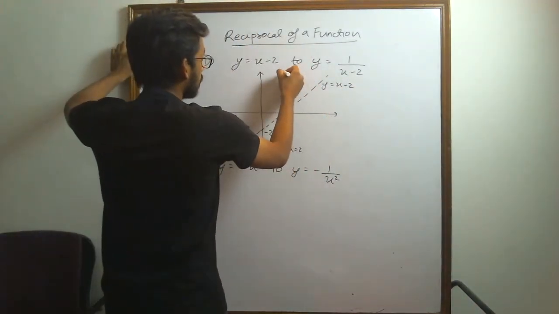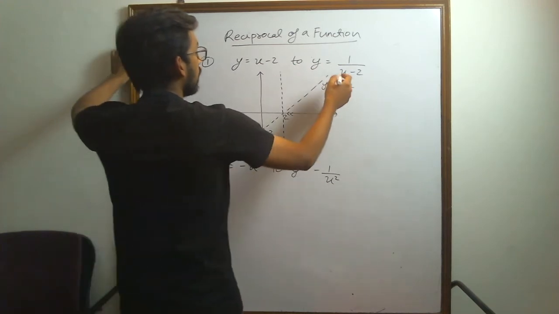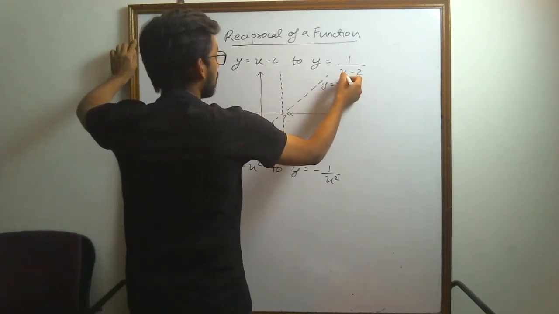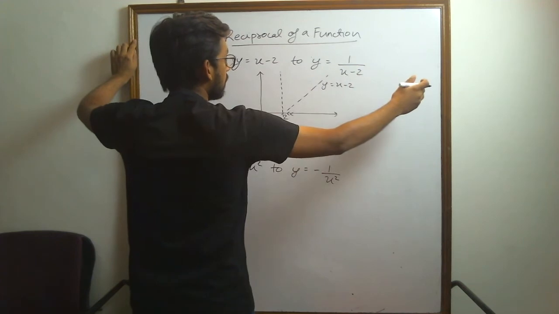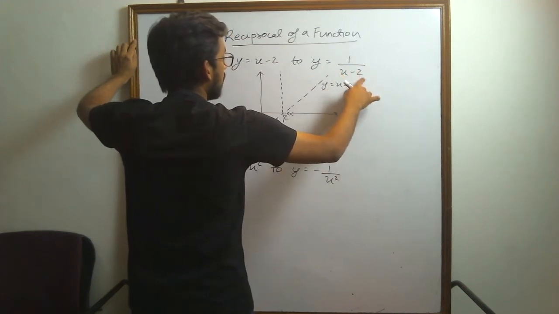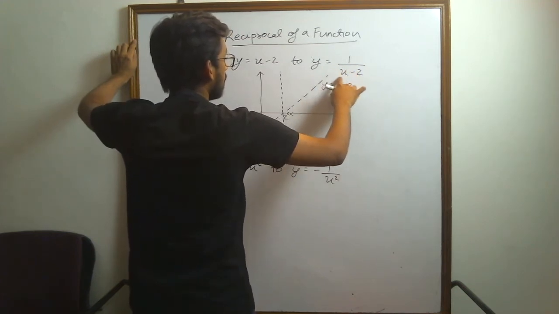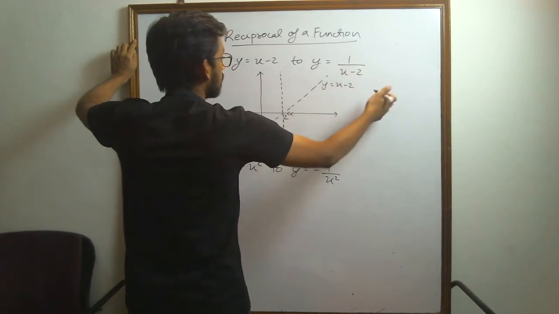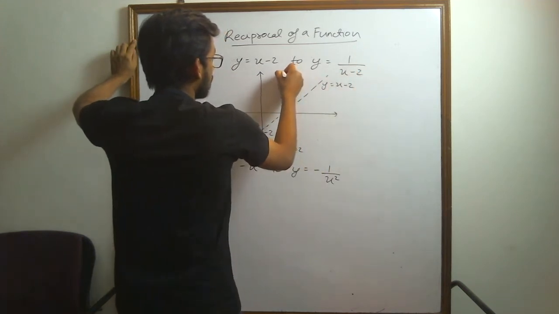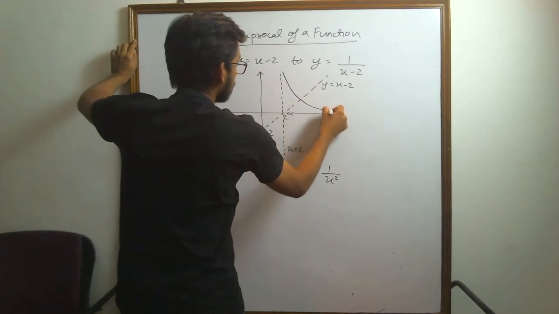So the graph tends towards infinity. And as x tends towards plus infinity, infinity minus 2 will be tending towards infinity. 1 upon infinity will tend towards 0. So the graph will go like this in this interval.